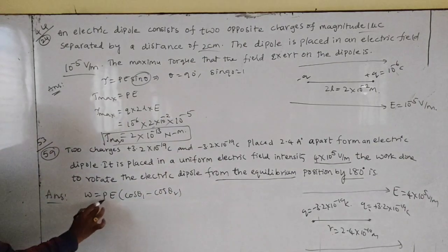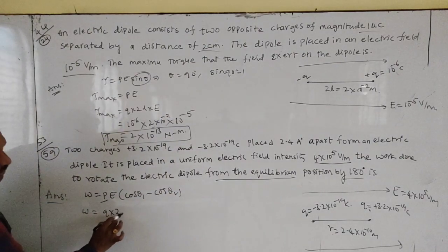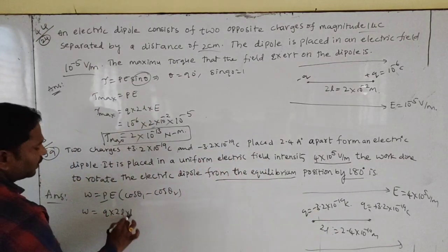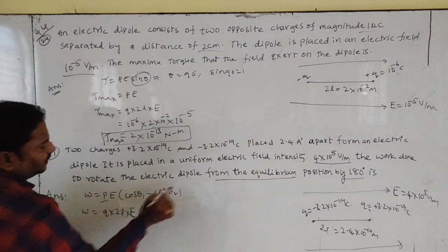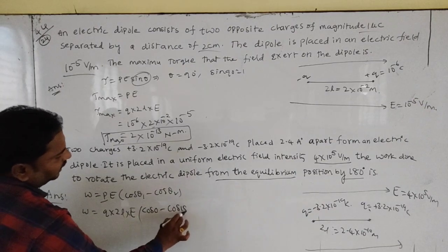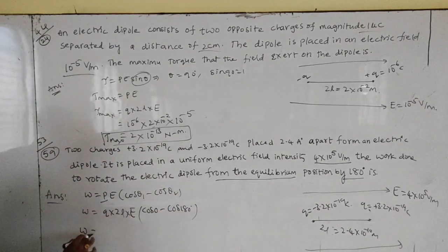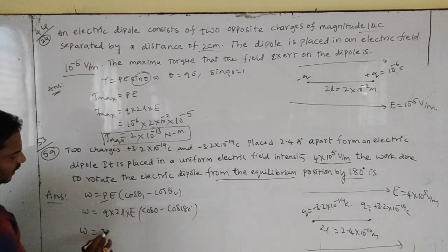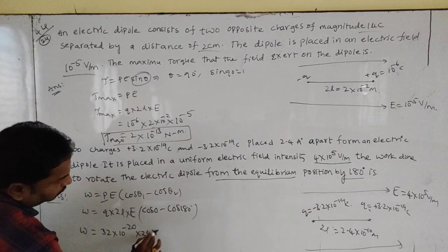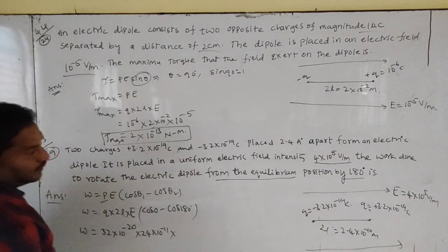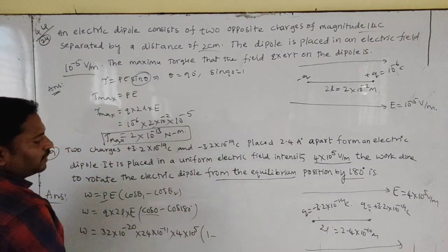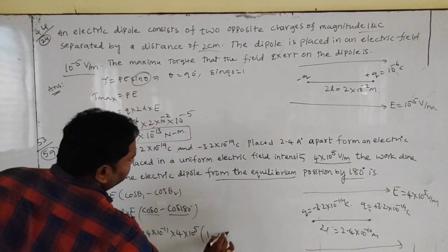Now work done equals p, which we can write as Q into 2L, into E, into (cos 0 minus cos 180), since equilibrium position means theta equals 0. So W equals 3.2 into 10 power minus 19 times 2.4 into 10 power minus 10, E is 4 into 10 power 5, cos 0 is 1, cos 180 is minus 1, so 1 minus (minus 1) is 2.